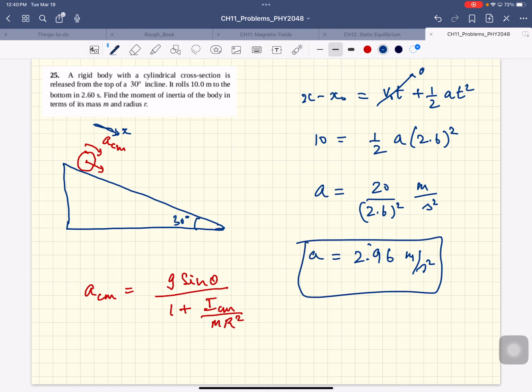All right, so the acceleration of the cylinder is 2.96 meters per second squared. Now we'll plug that in here.